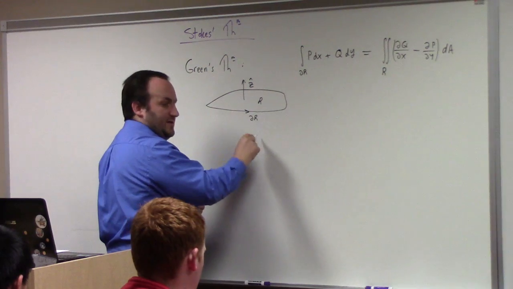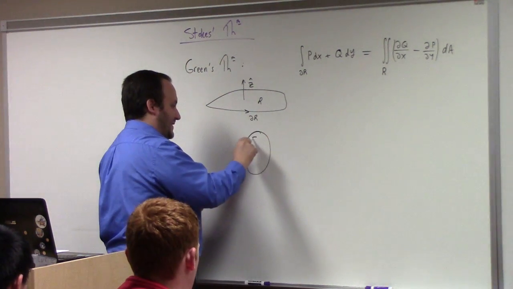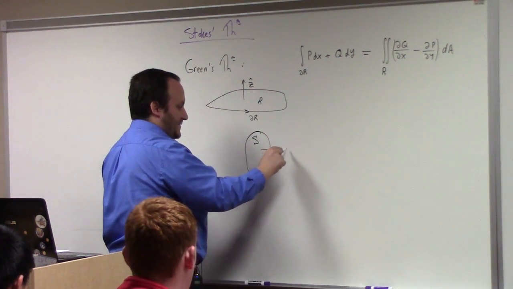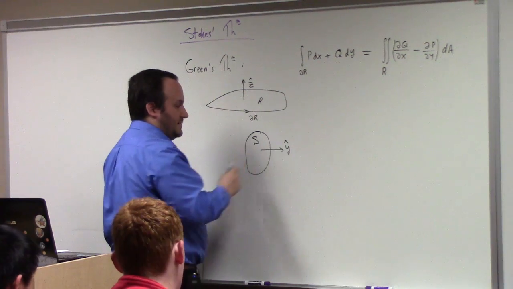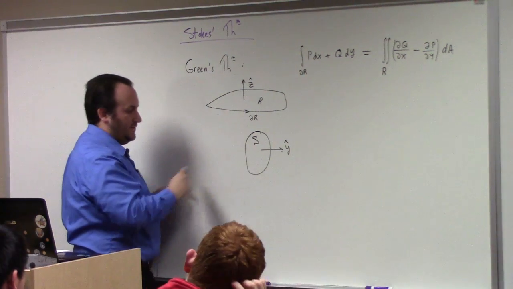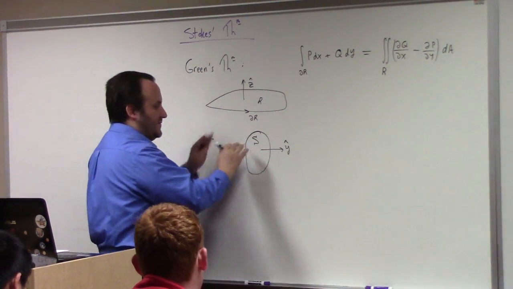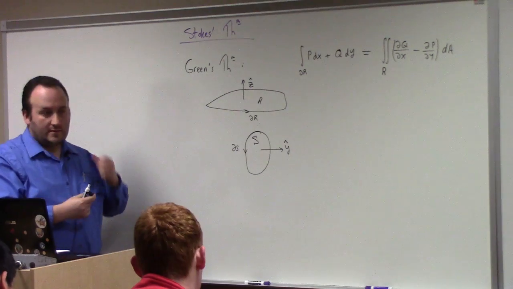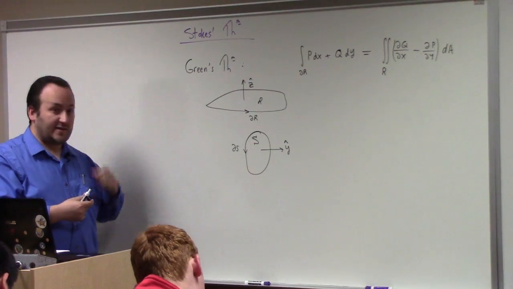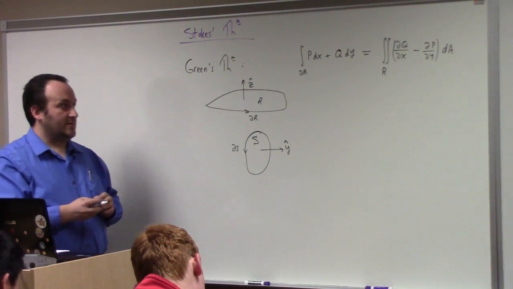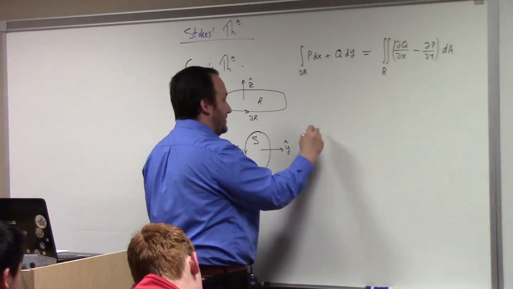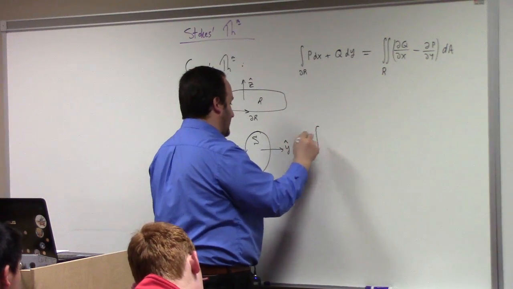instead of this kind of thing, what if we had something like S, and this was, say, y hat, and the boundary of S was oriented like that. So I'm drawing some sort of disk in the ZX plane, all right? And if we had the integral, let's see here.